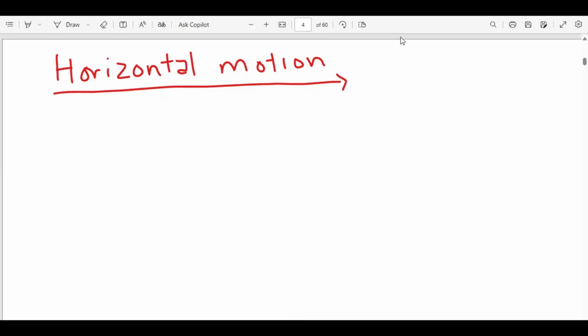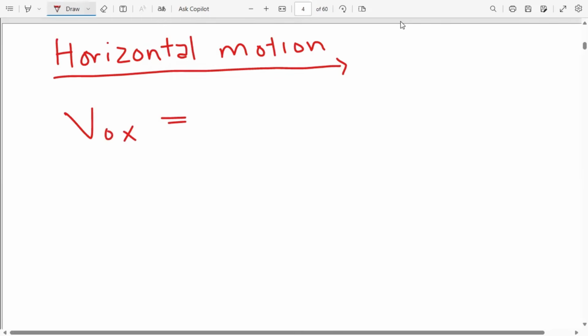Since it is not affected by the force of acceleration, which is gravitation in this case, the initial velocity in the x will be the same as the final velocity in the x. Velocity doesn't change in the x-axis.